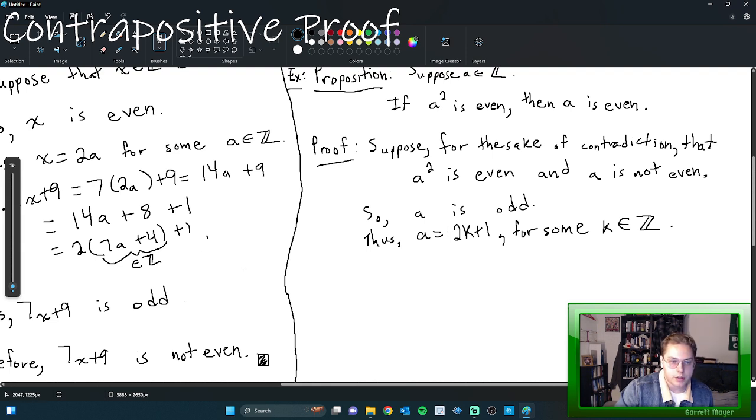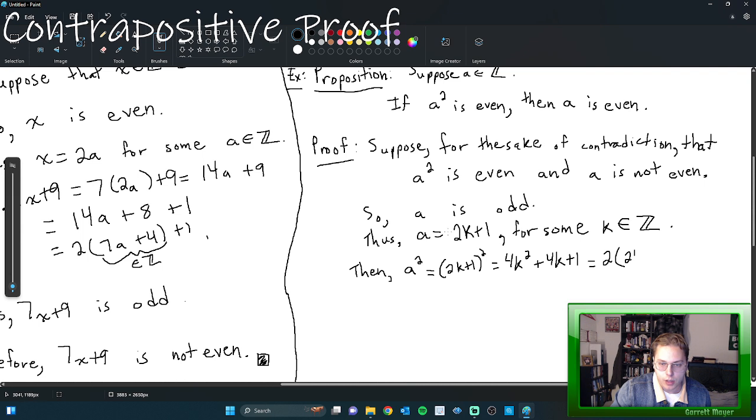So this means then a squared equals (2k plus 1) squared, which equals 4k squared plus 4k plus 1, which equals 2 times (2k squared plus 2k) plus 1. And this is an integer.